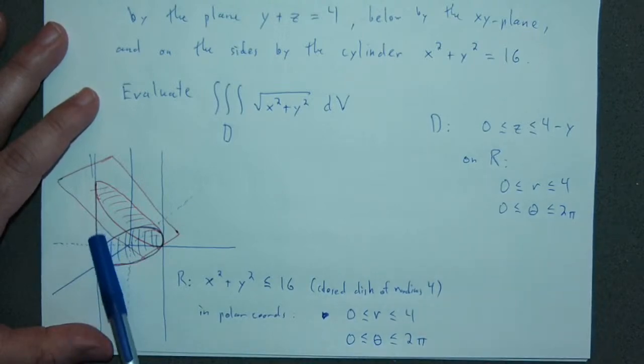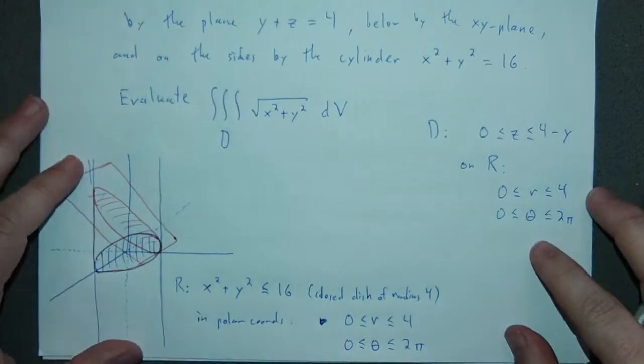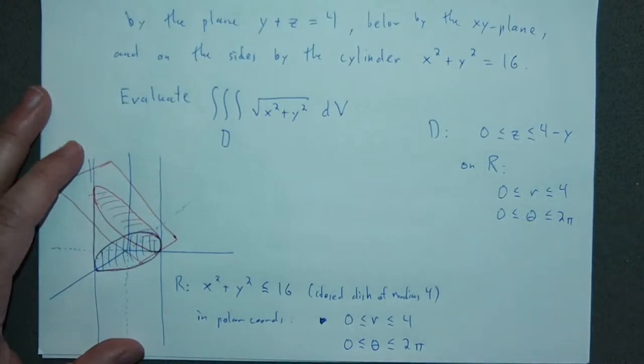So theta would go from minus pi over 2 to pi over 2, if you like. So anyway, that's just a quick refresher on how polar coordinates work here.